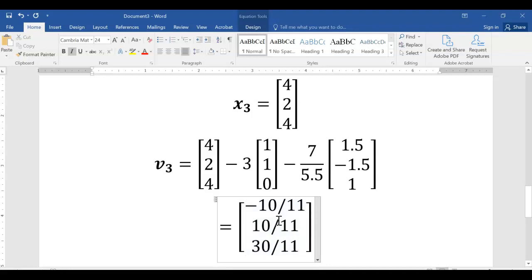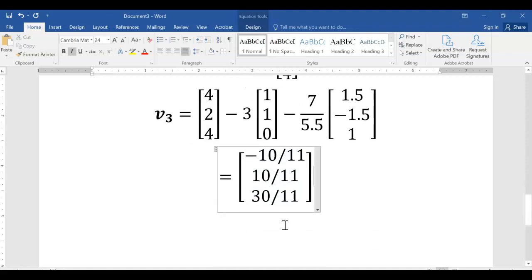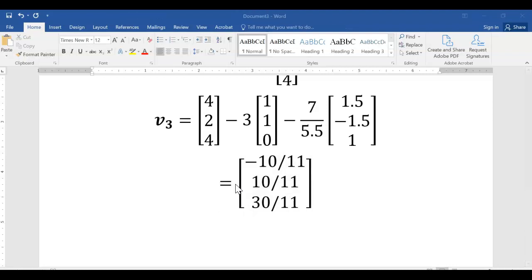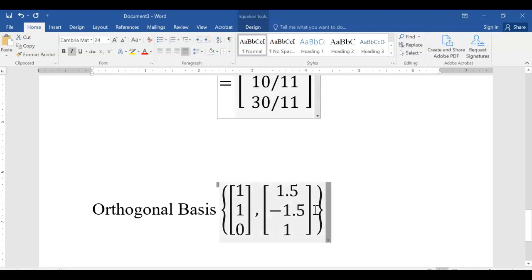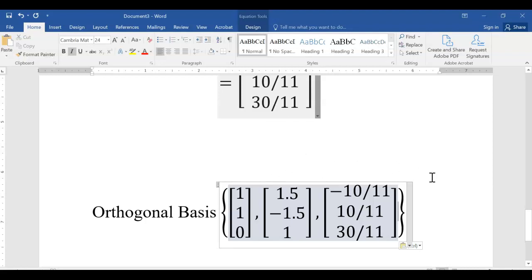Okay, so if you add that to the set we had before, now we would have an orthogonal basis for our space. So there we go. We take our original orthogonal basis, now we just add another vector. And by the way, if you do the inner products, you should find that this is an orthogonal set.